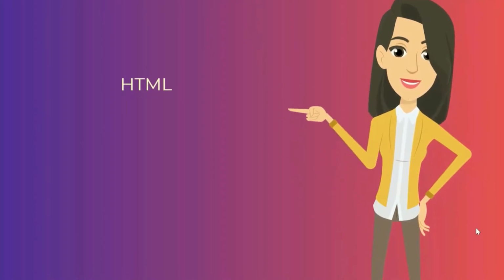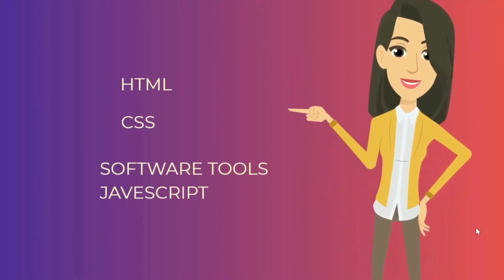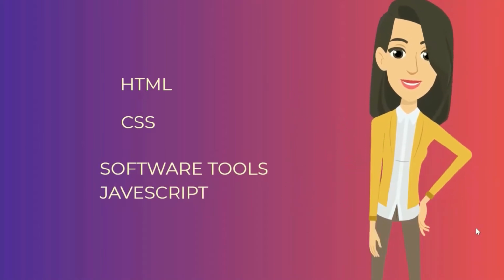So what a web designer does is use programming languages or codes like HTML, CSS and JavaScript, and software tools. When I say software tools, it's like Photoshop or something like that. HTML is called a markup language.